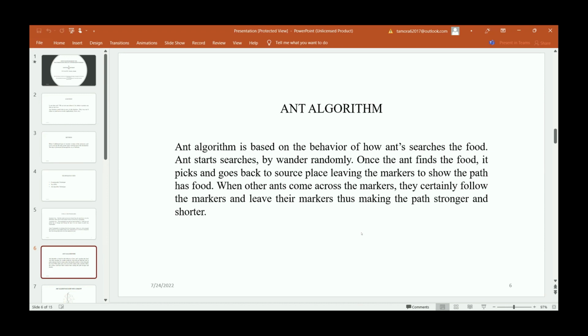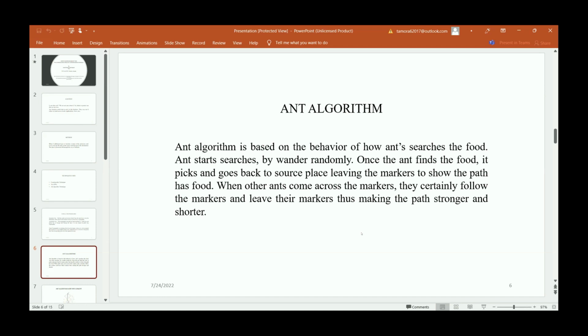Once one of the ants finds the food, it takes some food and starts moving towards the destination, which is the ant home, where the ants reside. It starts leaving markers, pheromones, on the path. The advantage is the other ants get to know that this is where the food is available, so they follow the path where the markers are left.